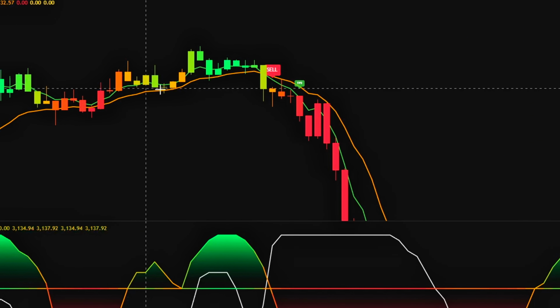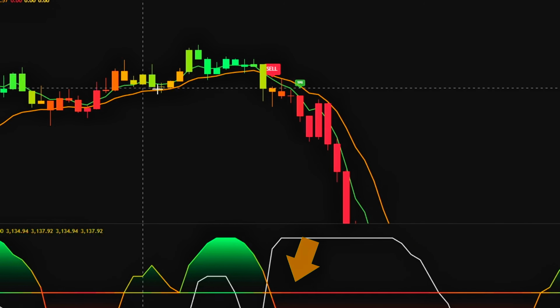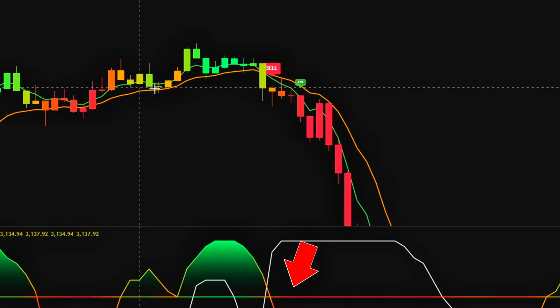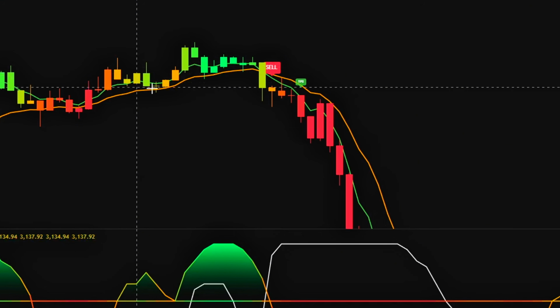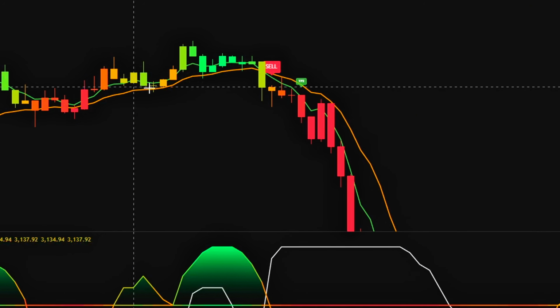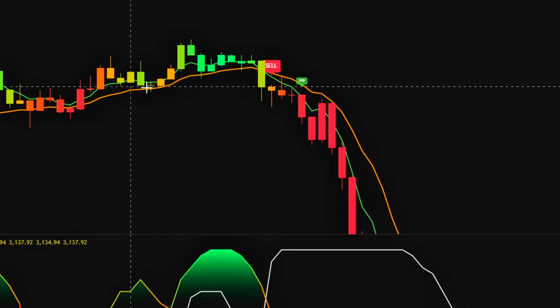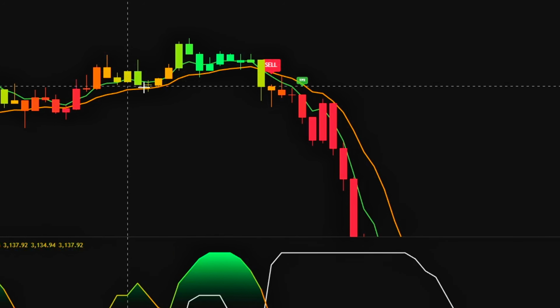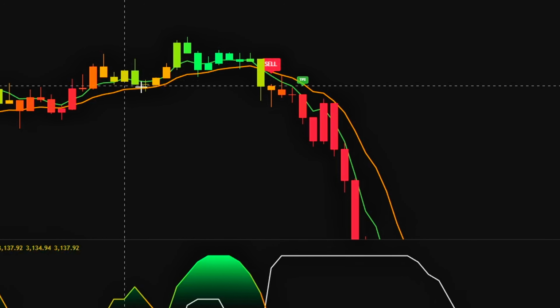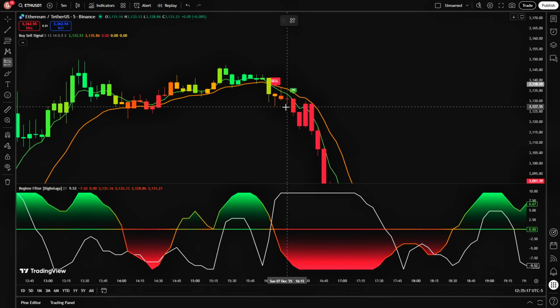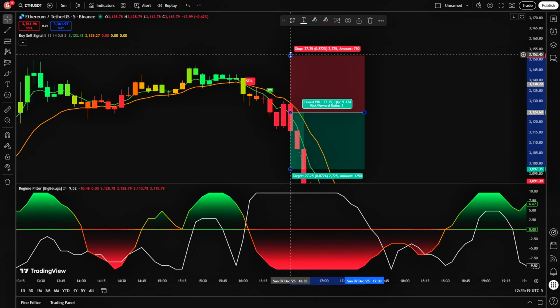Regime filter line must be red. The regime filter shows you the broader market environment. Red indicates risk-off conditions, weaker sentiment, and a higher probability that sell setups will play out smoothly. A bearish candle must form to confirm momentum. This is the final green light.